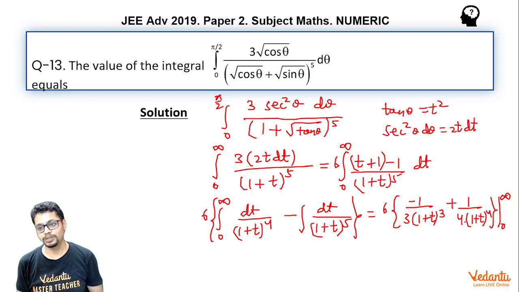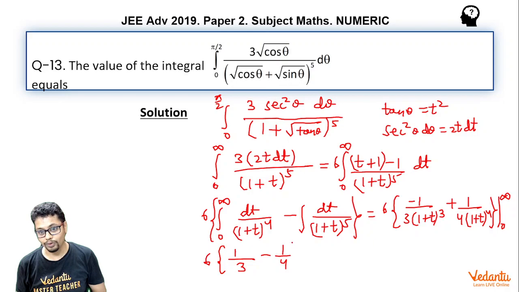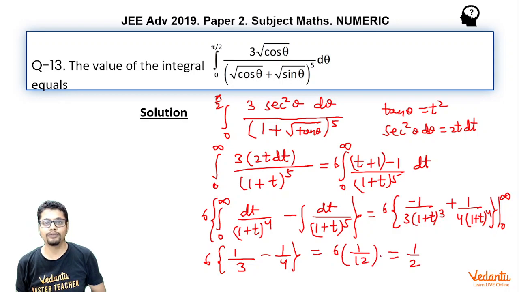Now when we put 0, mind it, it is the lower limit, so the expressions will be written with a minus sign. So it essentially becomes 6 times 1 by 3 minus 1 by 4. Again, this is the lower limit, so we'll write with a minus sign. So this essentially becomes, if you see carefully, 6 times 1 by 12, which is half, or you may say 0.5, which is the answer.